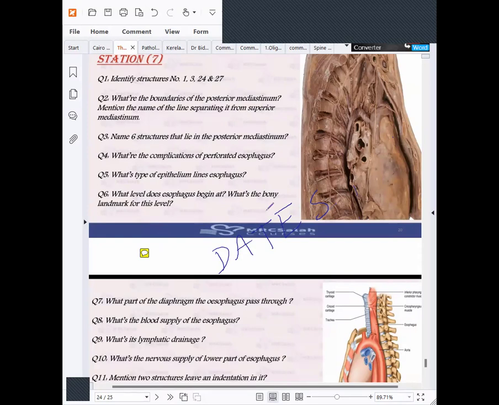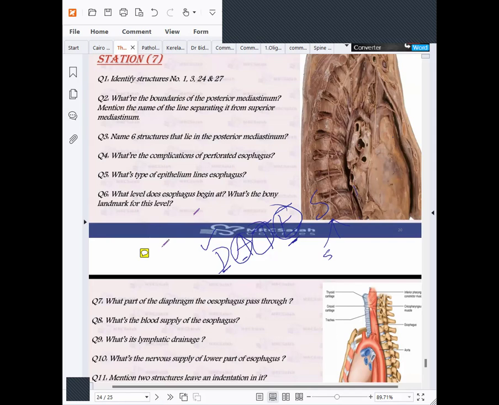We have also the esophagus, the vagus, the splanchnic, the sympathetic nerve, and the azygos also, and the thoracic duct. I think that is 6.